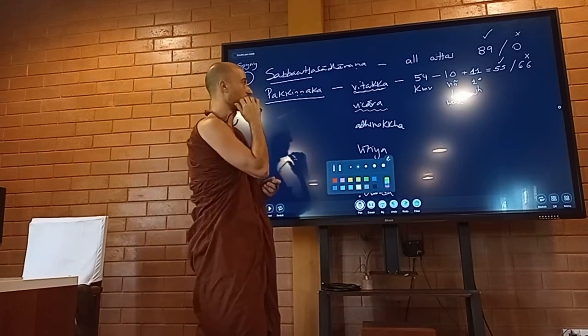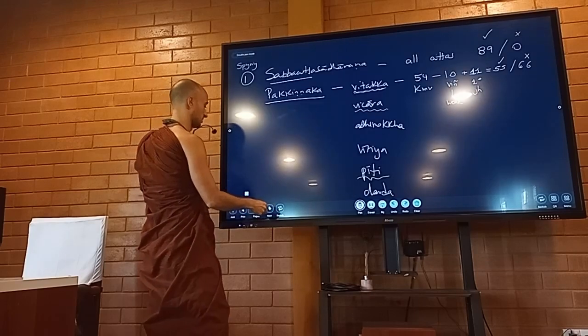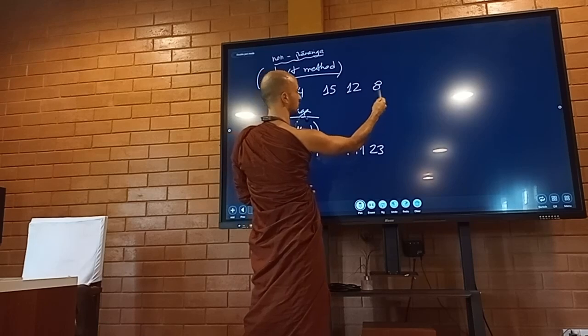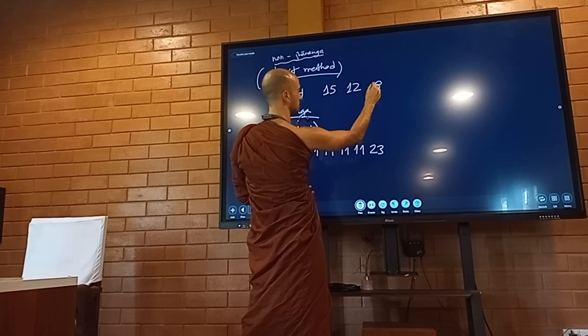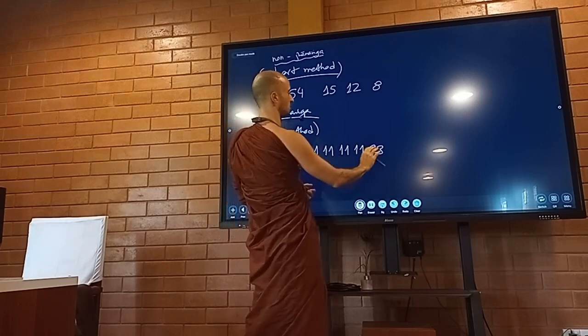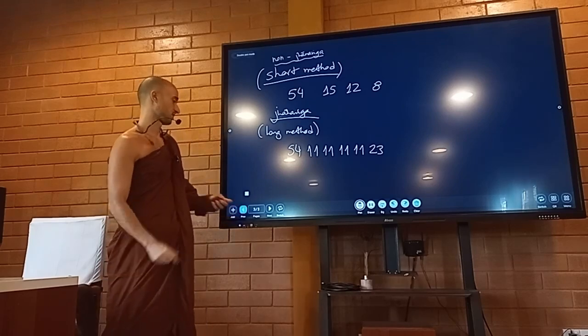Because if you take the short method, then some of these Cittas have Vitakka, some do not. So you have to divide this. You understand? So this doesn't work very well. So you take here, 11 first jhanas have Vitakka and the others do not. Easier. Okay?